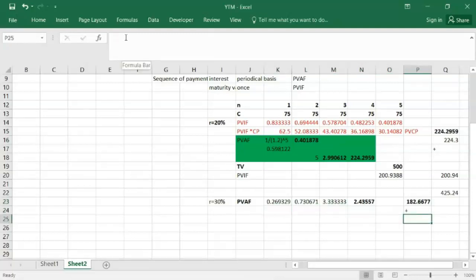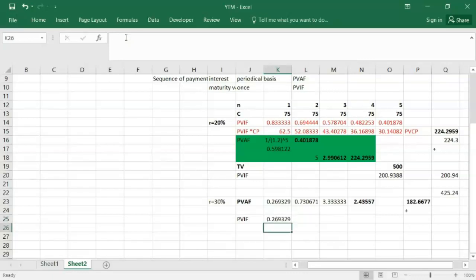Along with this, you can calculate the present value of interest factor for 30 percent for the period of 5 years. So the same value only I am going to receive, meaning 1 divided by 1 plus r to the power n. It means 1 divided by 1.3 to the power 5.